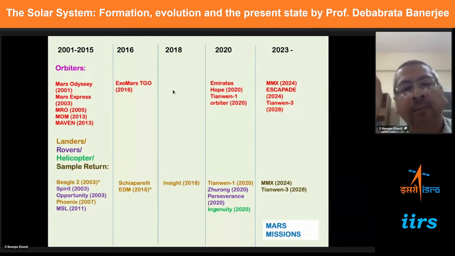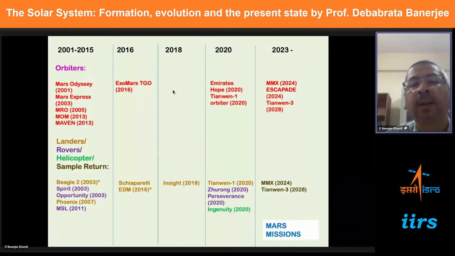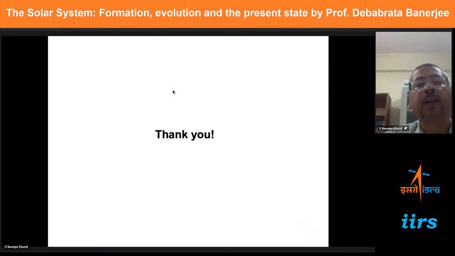Mars is still unexplored in the sense that you have no sample return missions thus far, and there are also plans in the MMX mission to look at the Martian moons. Many questions are left unanswered, and some of this will form the basis for future missions as well.